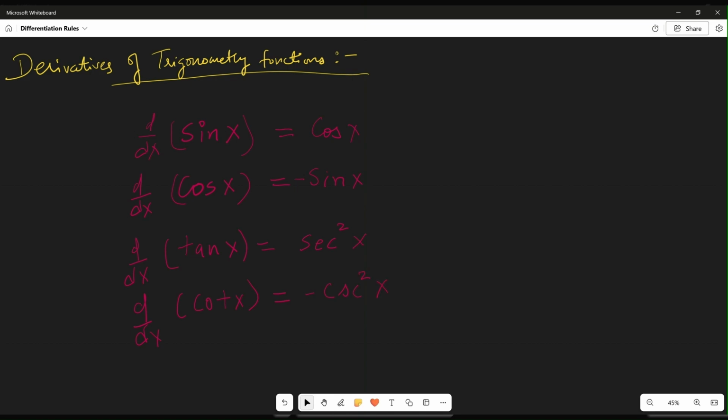And now, just looking at these square ones, the derivative of secant x is simply secant x times tan x.